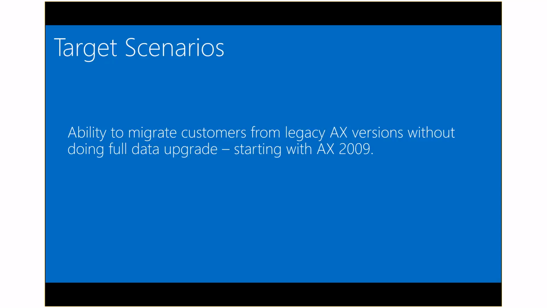Our intent is to support similar mechanisms for customers coming from other releases as well as other products, like, for example, the AX 4.0 release or some of the earlier releases, and even other product lines such as Dynamics Navision or Dynamics Great Plains, for them to be able to move to Dynamics AX. We would provide a similar tool set, and we're starting this with AX 2009.